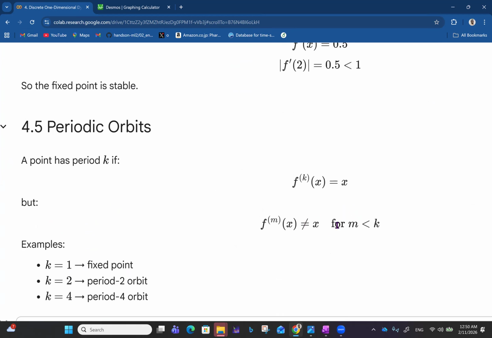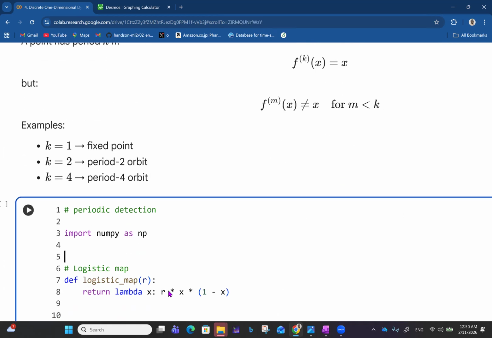So you don't have any case where an iterate less than k gives you x. So examples: k equal to 1 is a fixed point, k equal to 2 is a period 2 orbit, and k equal to 4 is a period 4 orbit, like that.